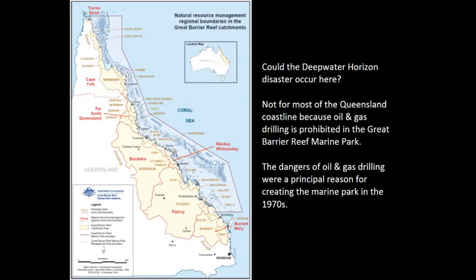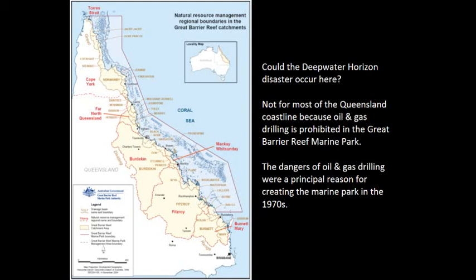Could the Deepwater Horizon disaster occur in Queensland? The simple answer to that is no. I just point out in Queensland, back in the 1970s, in the context of all these big oil spills occurring, and there were a number of massive oil spills in the Gulf of Mexico around the time as well, from oil exploration.